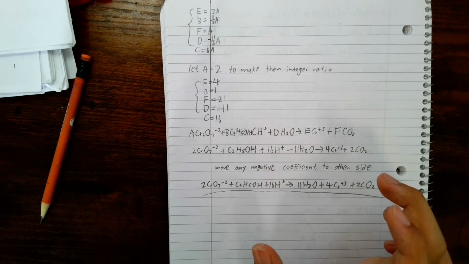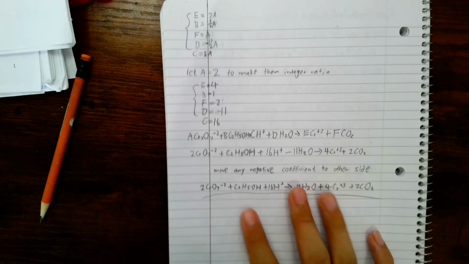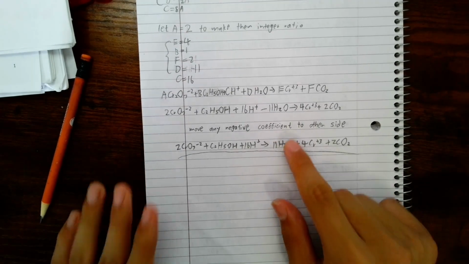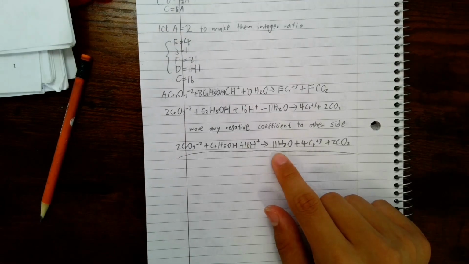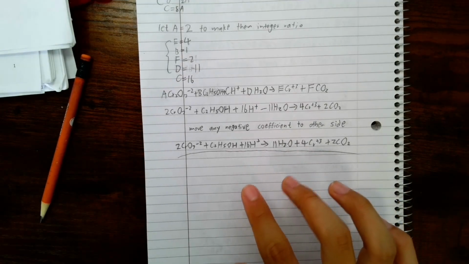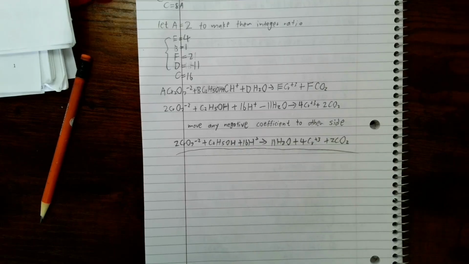It's no big deal. And then just do a quick check like what we did over here. See if it follows rule number 1 and rule number 2, to see if the elements have the same amount on each side and make sure that the charges are the same. And you are good to go. It's not something hard, just make sure that you know how to solve the system of equations.